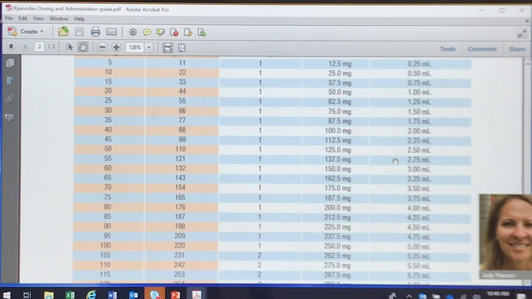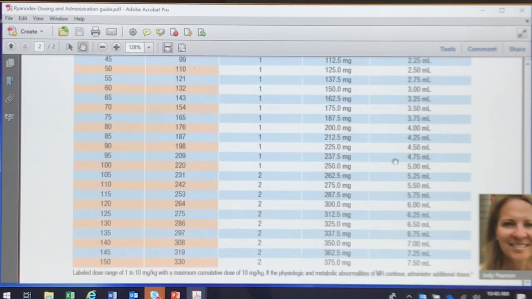Now, if we scroll down to, let's say, a 150 kilogram patient, which is 330 pounds, you're going to mix up 2 vials, give 375 milligrams, and that will be 7.5 milliliters.